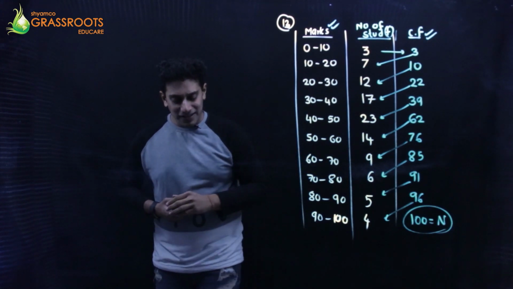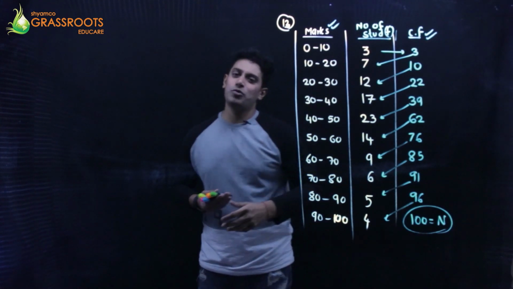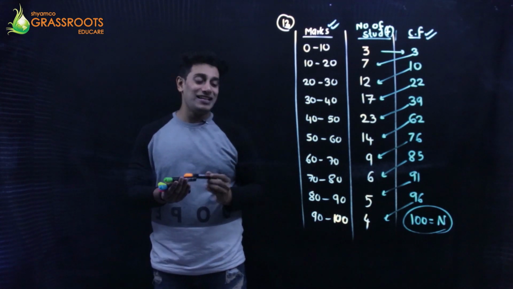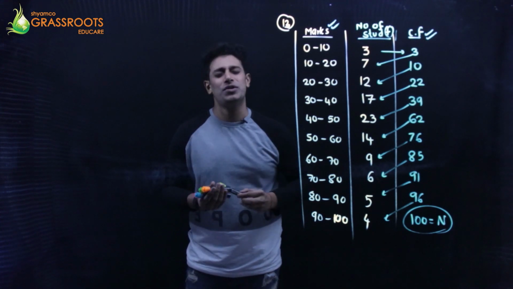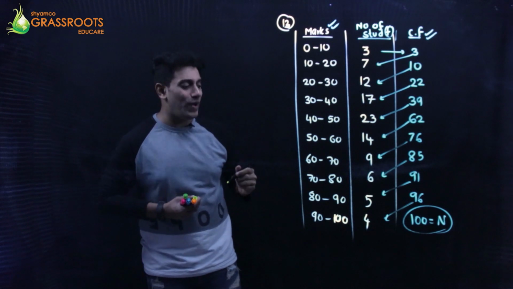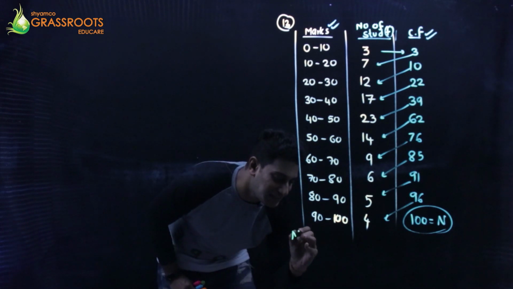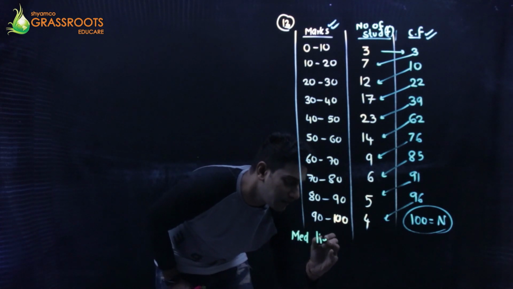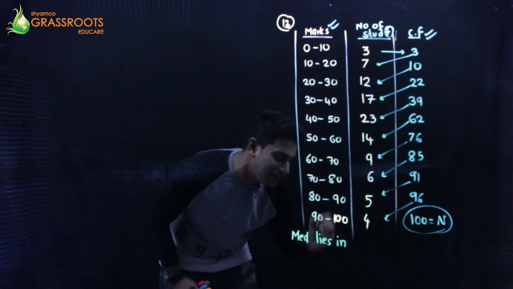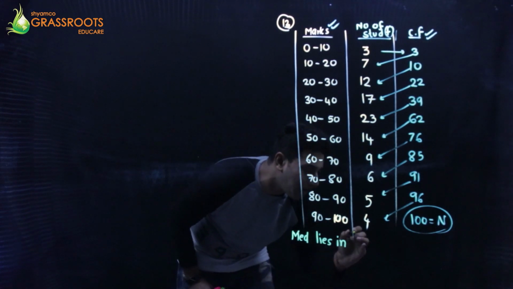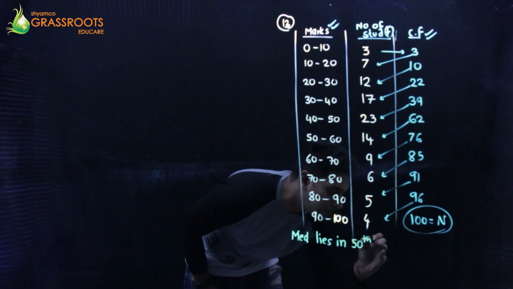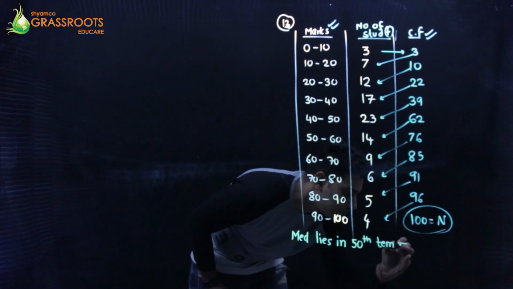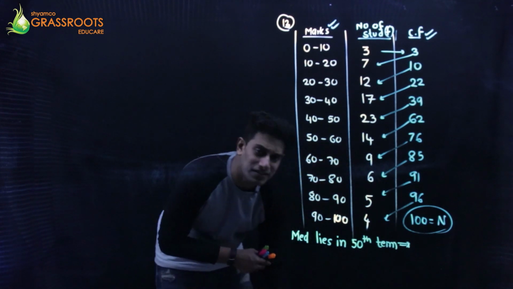Now find the median, lower quartile, and so on, as the questions ask. N is an even number of students. When N is even, can I say the median lies in N by 2, 100 by 2, the 50th term, right?